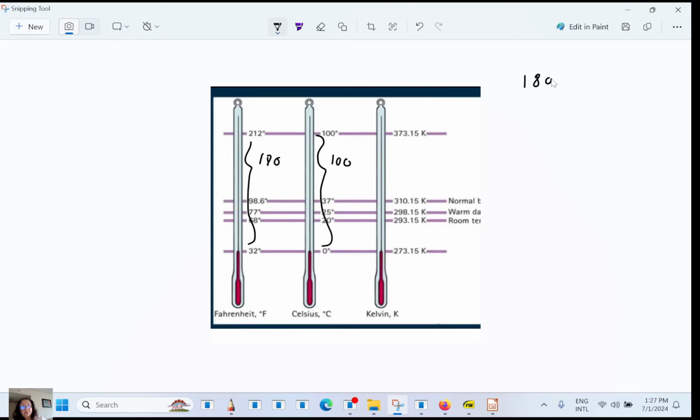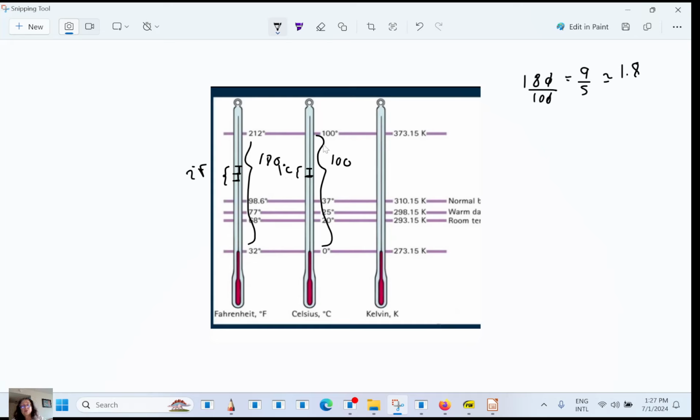So the relationship is 9/5, or about 1.8. It means that one degree step here will be about a 1.8 degree step there. So a step of about 2 degrees Fahrenheit is about a step of 1 degree Celsius.